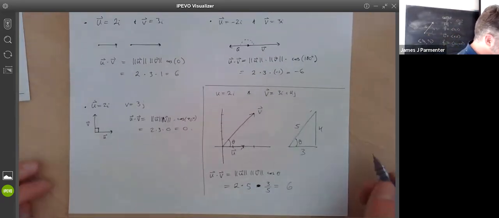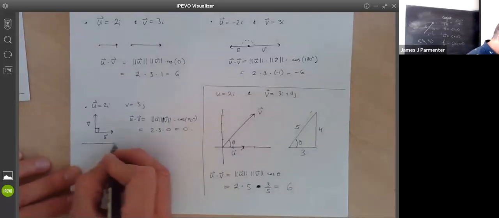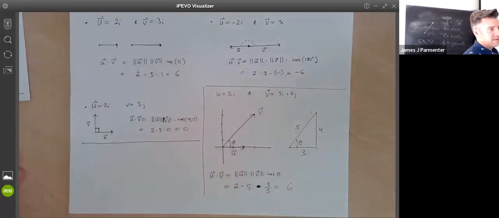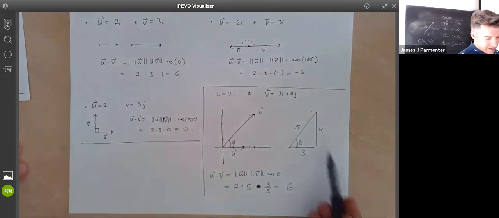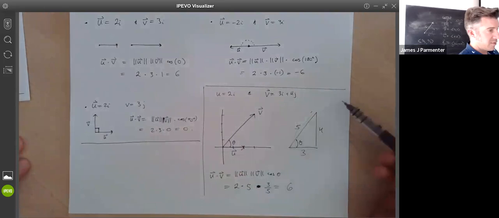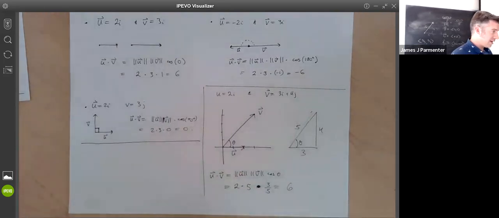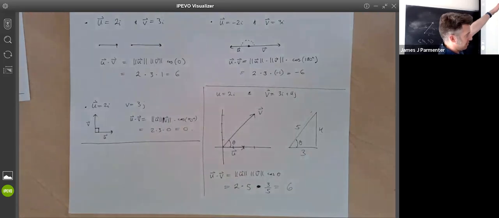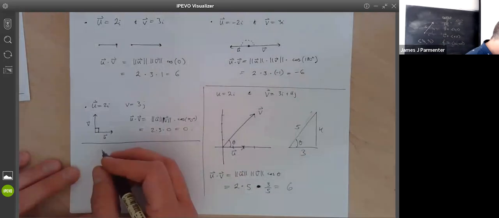So this actually hints at a more convenient way of finding a dot product, because this is fine if you can find the angle between them, or the triangle for the angle between them. But if you've got two vectors where one of them isn't on the x-axis or one of the axes where it's convenient, it can be really hard to figure out the angle between those two vectors. So there is a way of doing this.